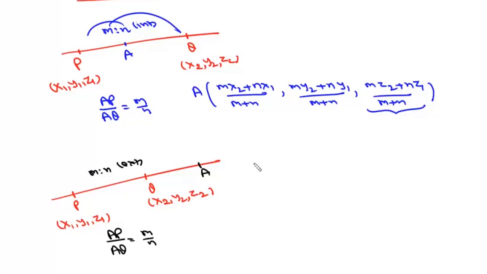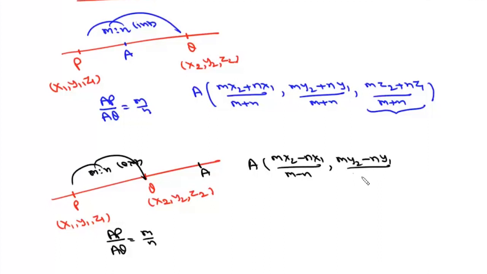Now the coordinates of this point A will now be given by (mx2 minus nx1) upon (m minus n), (my2 minus ny1) upon (m minus n), and (mz2 minus nz1) upon (m minus n).